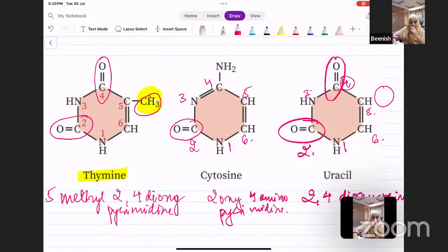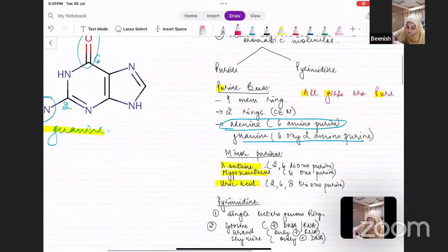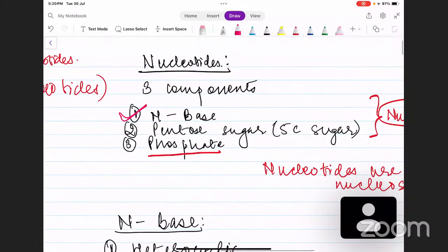Okay, so that was about the pyrimidines: thymine, cytosine, and uracil. So with this, we come to the end of nitrogenous bases. We've taken the first component of nucleotide, that is nitrogenous base.